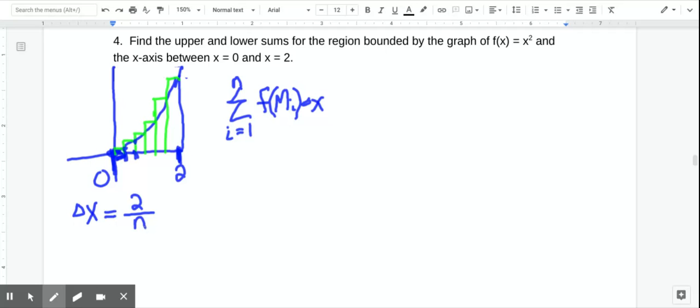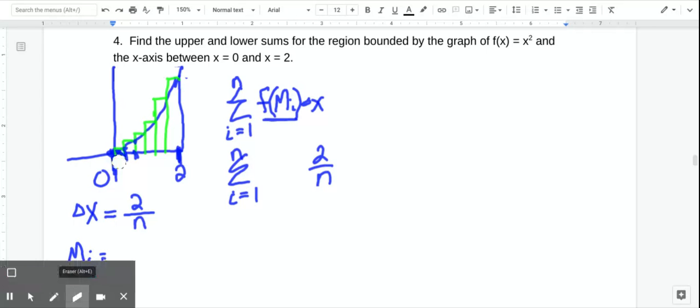Now, m sub i is going to be this right endpoint, okay? So let me get this part in here: i equals 1 to n, and we know that delta x is 2 over n. Now we're focusing on this part. m sub i is what we're plugging in for each of these, okay?